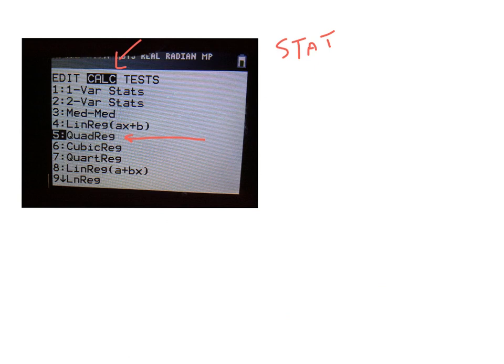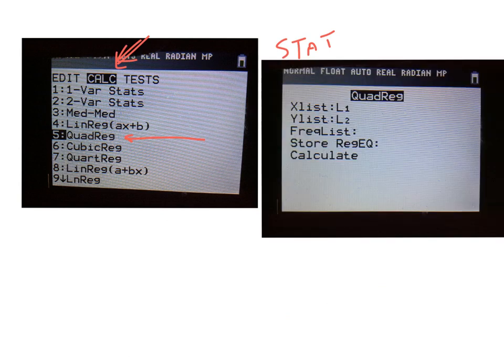So when you choose option 5, the same type of screen pops up as when you did a linear regression, except now it says quadratic regression. Once again, I want your X list to be L1, your Y list to be L2.